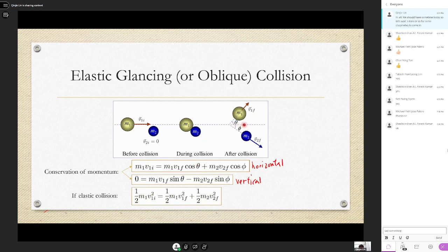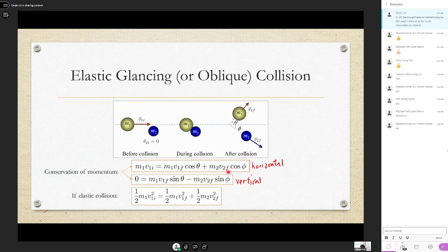Basically, we are finding the component for the horizontal part only. Then the other mass, don't forget, is also there. It moves after the collision, so when it moves, you have momentum. So you have M2 V2F, and you must only account for the horizontal direction. That's why you put a cosine phi. That's for the horizontal direction.